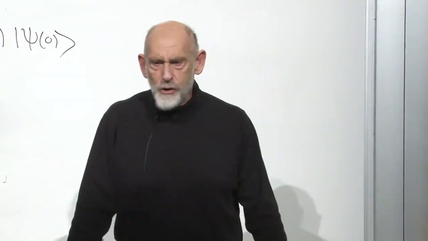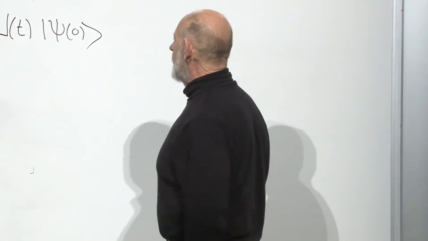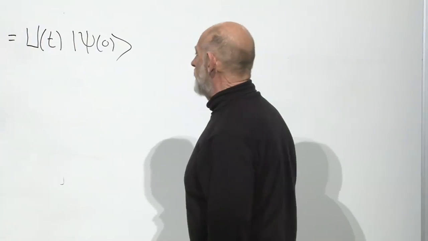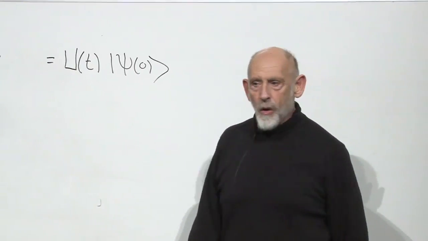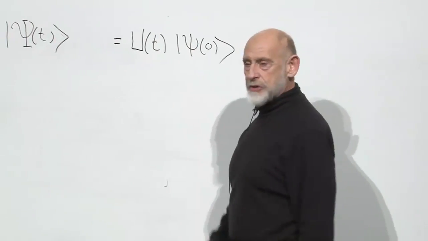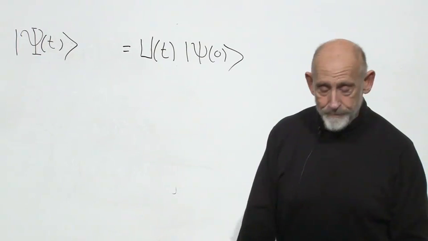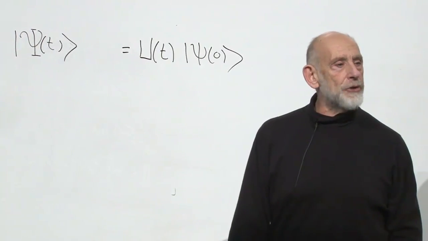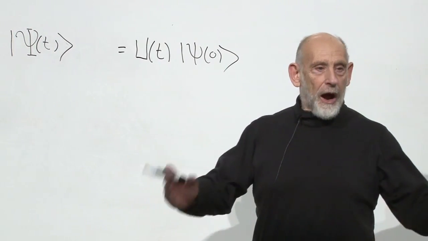You could try to ask what would happen if you made a more general hypothesis. For example, you might have the hypothesis that U depends on the initial state. Or you might have the hypothesis that U is an operation but not a linear operator, some other kind of operation. You can try it. You'll very shortly run into big troubles with all kinds of things. It's been tried, I guarantee you.